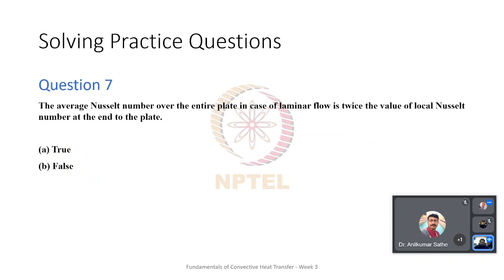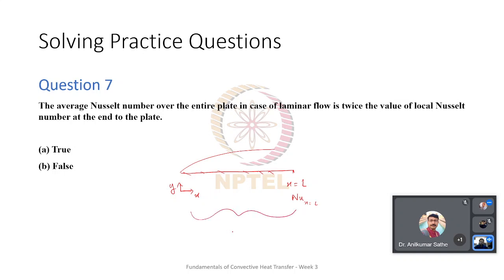So moving on to question number 7 of today's session. Question number 7 says the average Nusselt number over the entire plate in case of laminar flow is twice the value of local Nusselt number at the end of the plate. So is this statement true or is it false? Let me try to describe this. If there is a flow like this and we have x in this direction, at the end of the plate, let's say at x equal to L, there is a local Nusselt number, as well as there is an average Nusselt number over the entire plate.